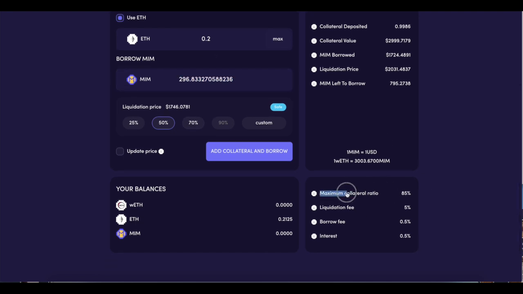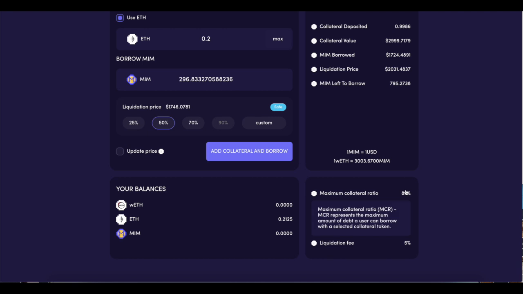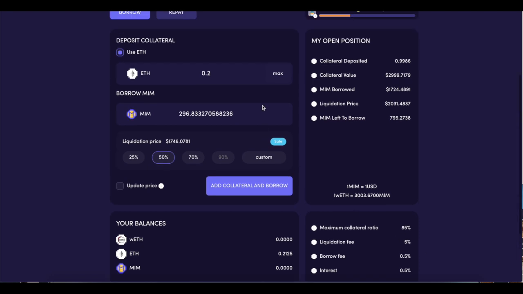You have this maximum collateralization ratio of 85%. This is something you need to keep in mind because if you're taking on this position, you can get liquidated if it comes to 85% of this collateral. What does this mean? Well, if your Ethereum is worth $1,000, your maximum collateral ratio is 85%. That means the most you can borrow is $850.